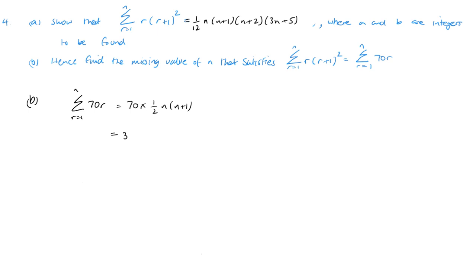So 35n(n plus 1). And we want it when these two are equal. So therefore we are looking for solving 1/12 n plus 1, n plus 2, 3n plus 5 equaling 35n(n plus 1).